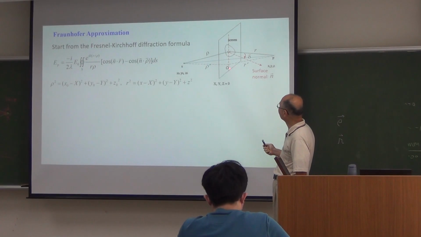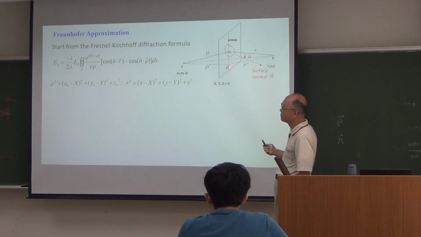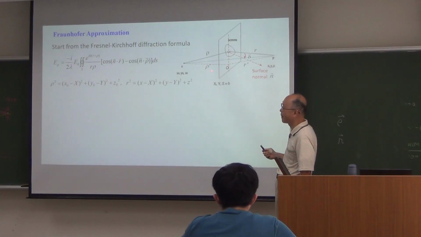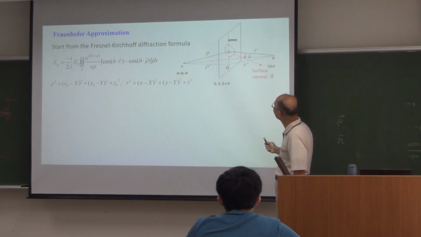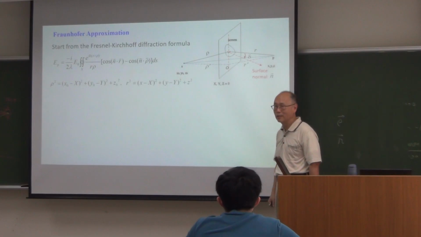Set the origin somewhere here on this screen, O. From O, the source has a distance of rho prime, and from O to the field point has a distance of R prime. But the aperture is right here. The aperture coordinate is defined to be capital X, Y, Z, or however you like.